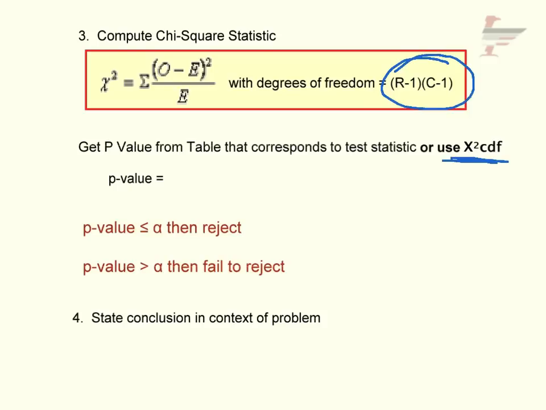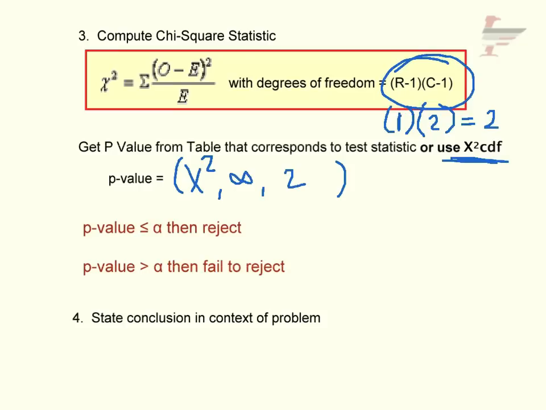So in our example with the party affiliation between males and females, we had 2 rows, so that'll be 1. And we had 3 columns, so that'd be 2. Our degrees of freedom would be 2. So as we go to chi-square CDF, we would put in our chi-square number here first, its right tail, and then we'd put 2 right there.